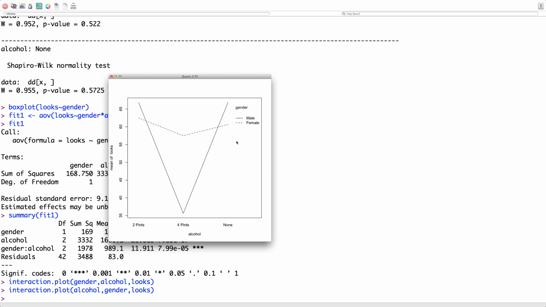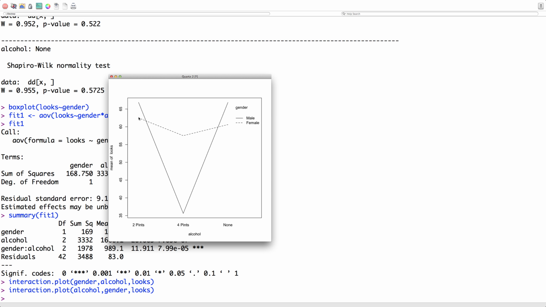If we look at none, so when we look across gender at no beer, notice that the mate selection for males was actually higher than for females. But that's not enough to create statistical significance. Over here, we have a difference in mate selection.